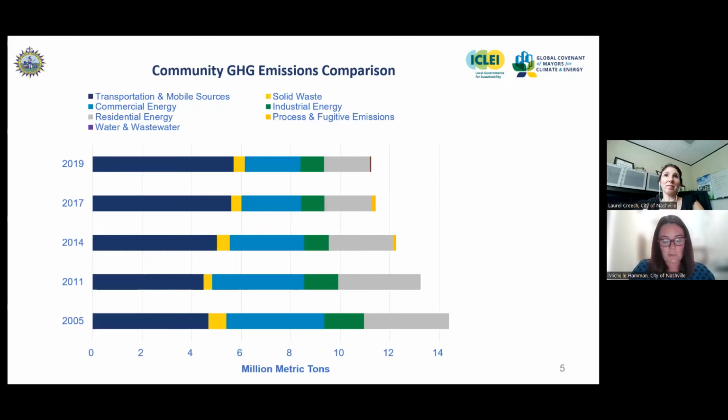Our emissions per person went from about 26 metric tons per person in 2005 to about 16 metric tons per person in 2019. You can also see on these graphs that the transportation emissions, in the dark blue, have been increasing as a share of our emissions, while the building sector, the blue, the green, and the gray, have been decreasing as a share of our emissions.